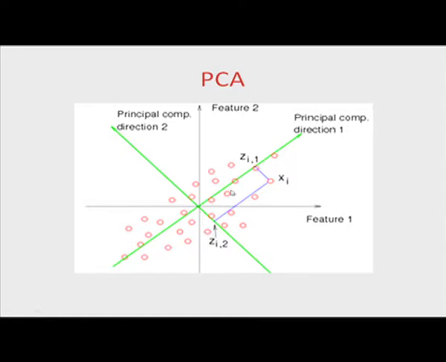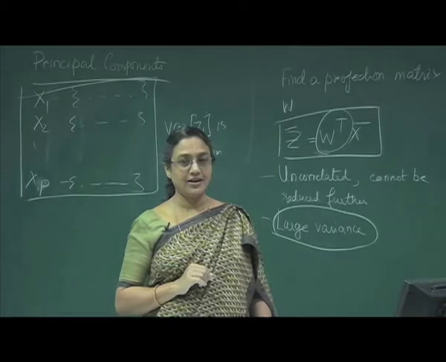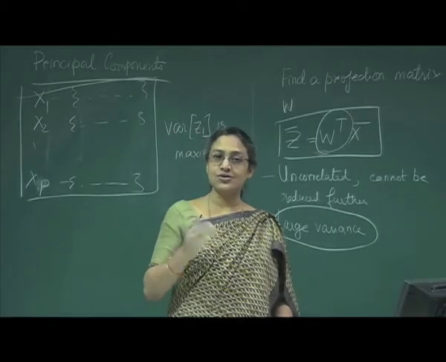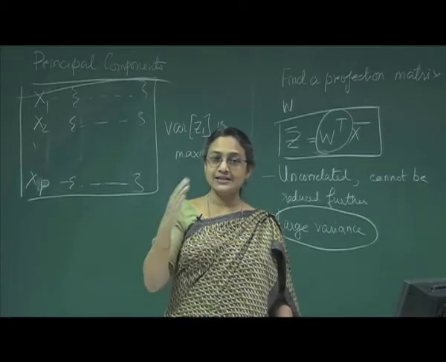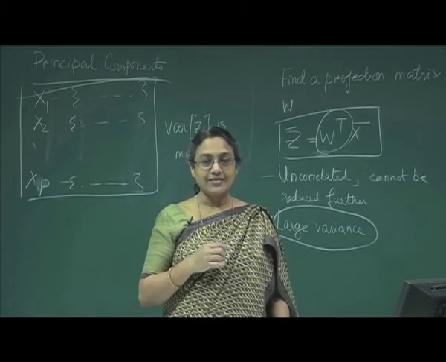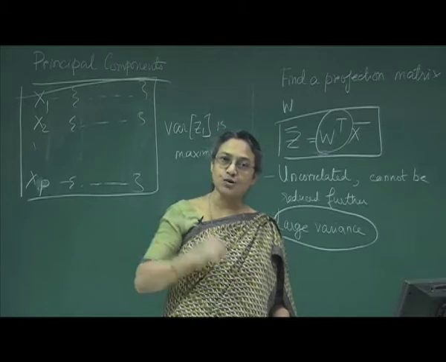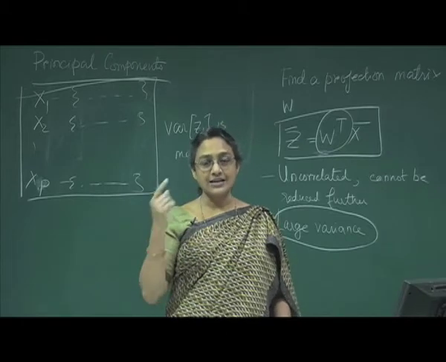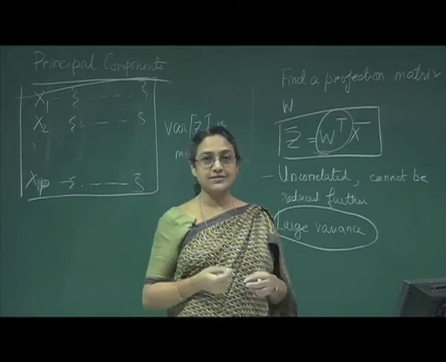Among the possible vectors in the orthogonal direction, this is the direction for which the variance is maximum. So the first principal component is the one which maximizes the variance. The second is orthogonal to the first, and with that constraint the variance is maximum. The third will be orthogonal to both the first and the second, and the variance will be maximum.